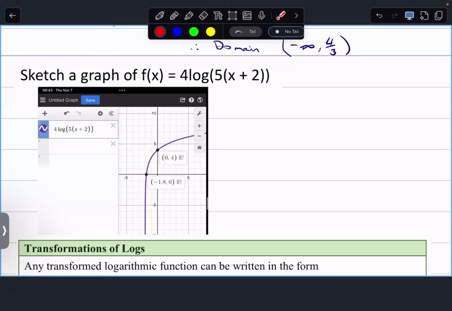So now it's still going to pass through (0, 4) because a is 4, right? Whatever's outside the log is your a. And so if I let x be 0, I get 4. The log of 5 times 2, 10 to the power of 1 is 10. Phew, it works.